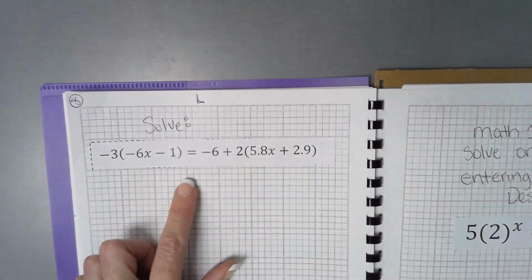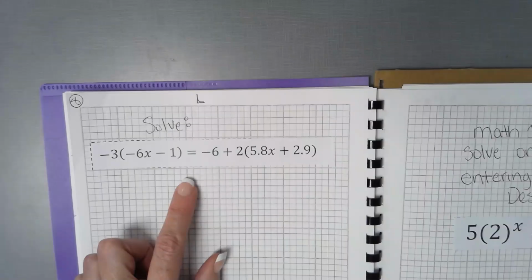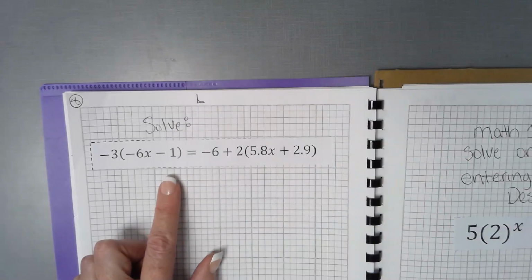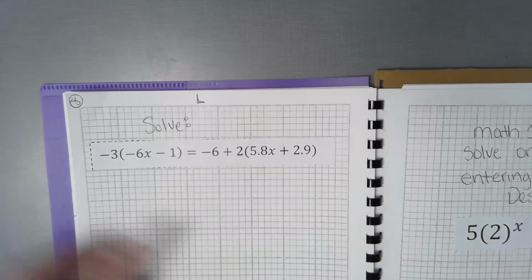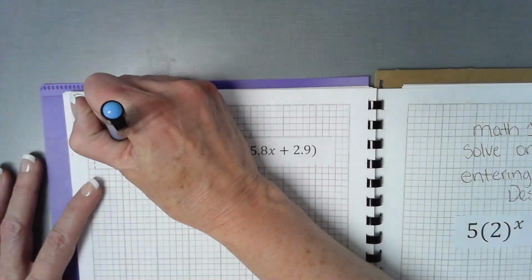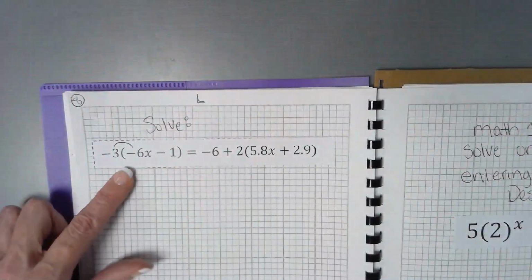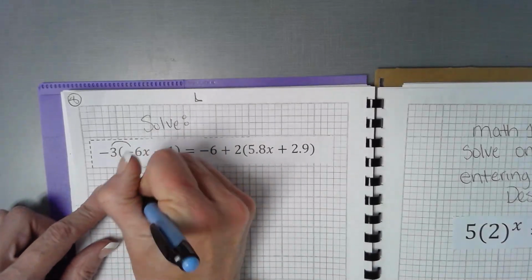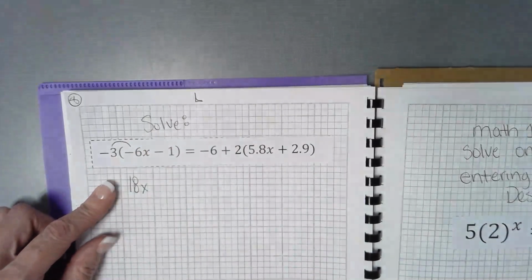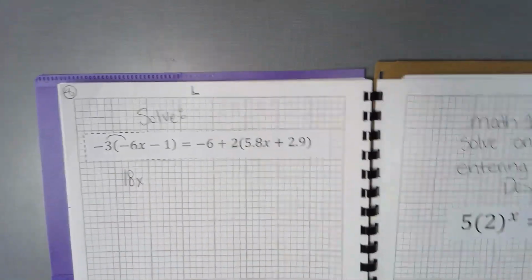Who remembers the first step in solving an equation? Starts with a D. We're going to distribute. So negative 3 times negative 6x, positive 18x. You need to be writing this.